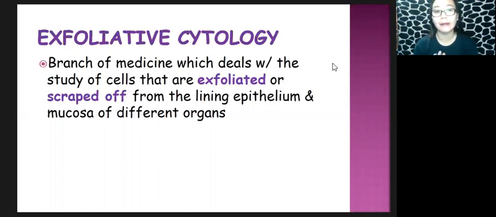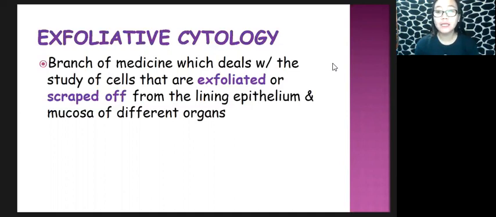It is via exfoliation. It is a normal process that takes place inside the body. And these exfoliated cells may become part of your body fluids. Thus, we are able to examine them in exfoliative cytology.